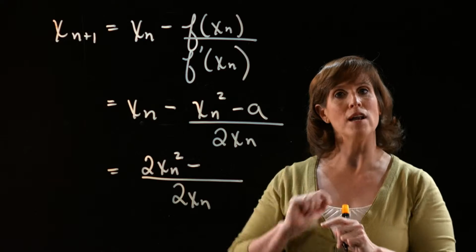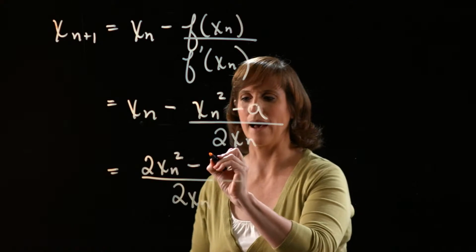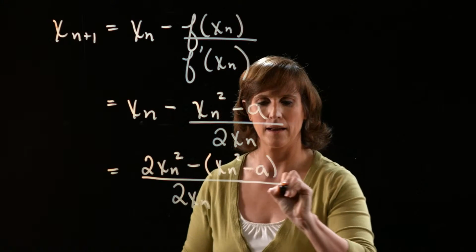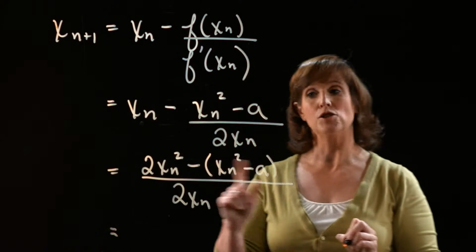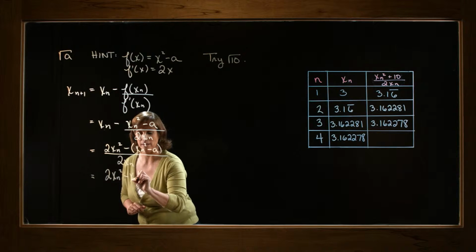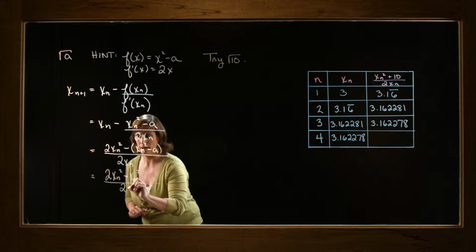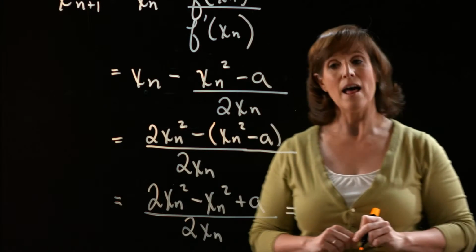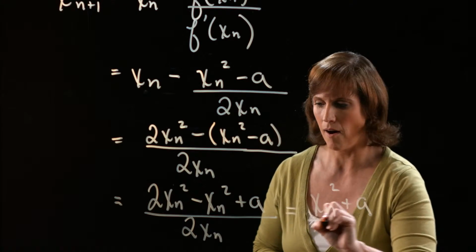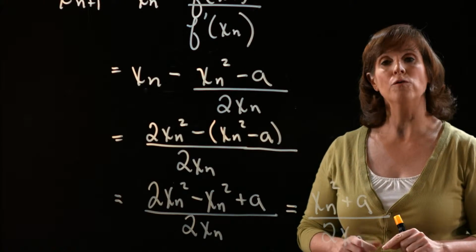Now this piece is already over my denominator, so I don't need to do anything about that. But I do have to be cautious about that minus sign. So I'll be subtracting x sub n squared minus a. Distributing my minus across, I have 2x sub n squared minus x sub n squared plus a all over 2x sub n. And finally, that reduces to x sub n squared plus a all over 2x sub n. That's going to give me a rule for finding the roots.